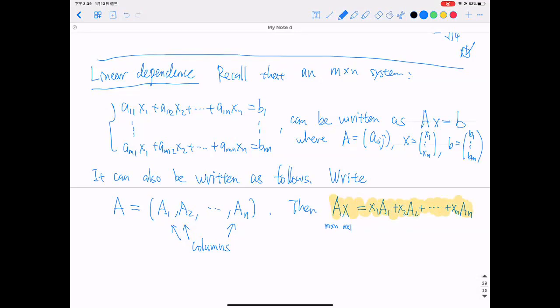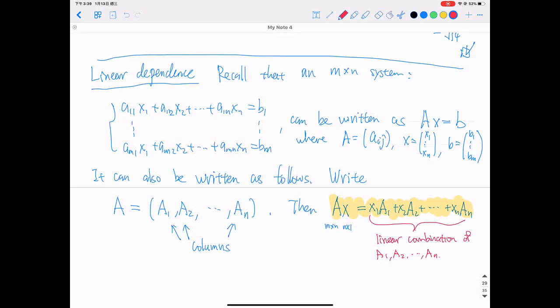Okay, so we consider something like this. What is something like this? You have a bunch of vectors, each of which carries a multiple, and then you add up the result. Such a thing is called a linear combination of the vectors a1, a2, an.